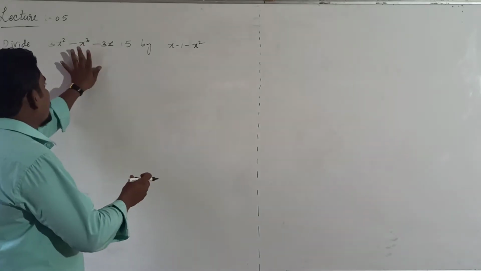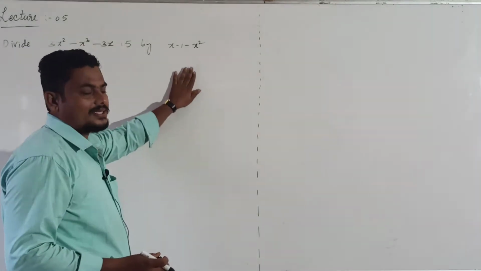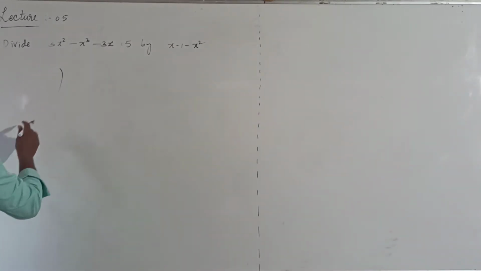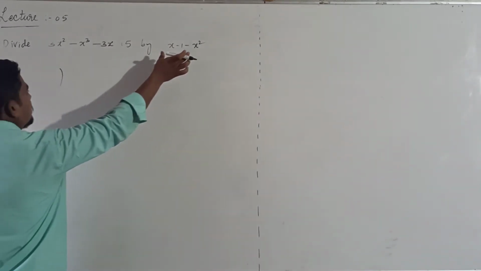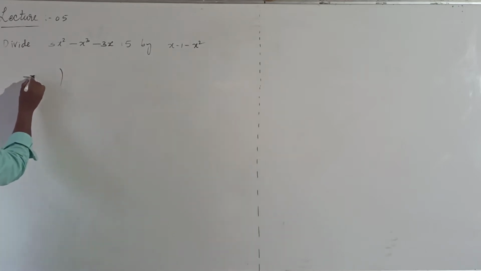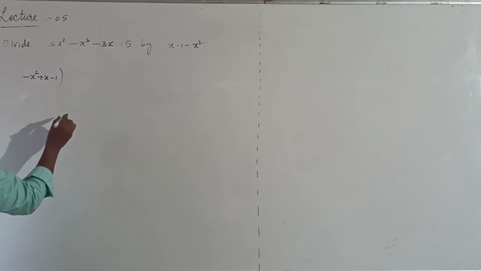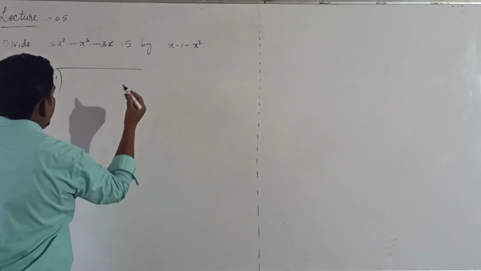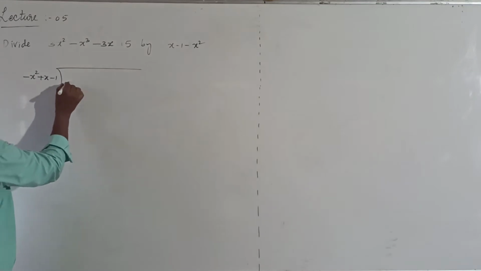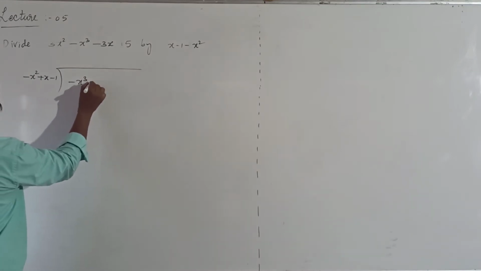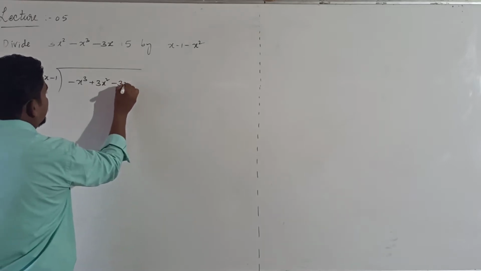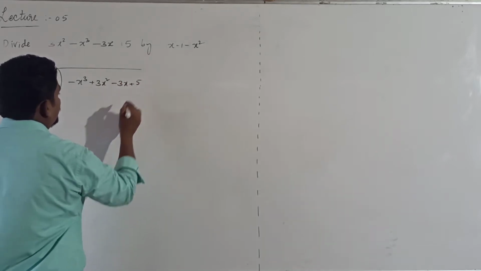Clearly this is the dividend and this is the divisor. Take the divisor, x minus x square plus x minus 1, and take the dividend, minus x cube plus 3x square minus 3x plus 5.